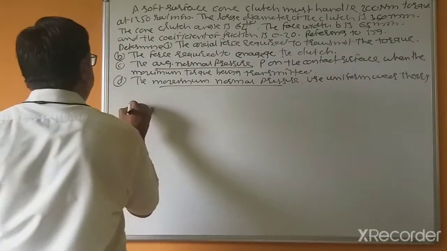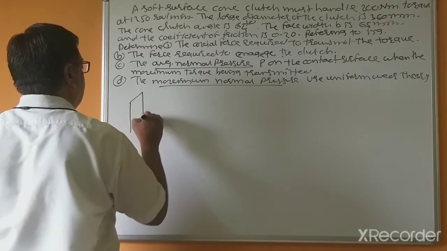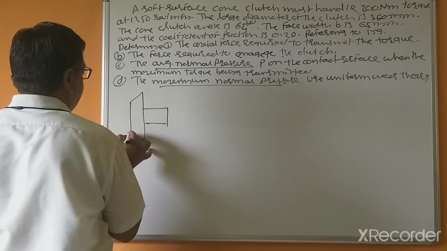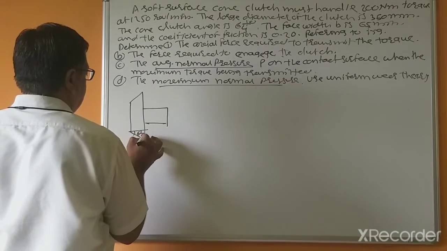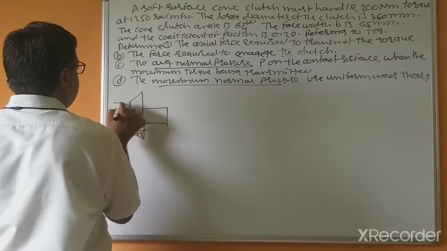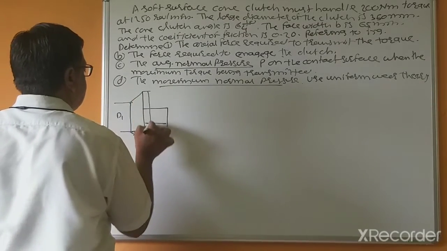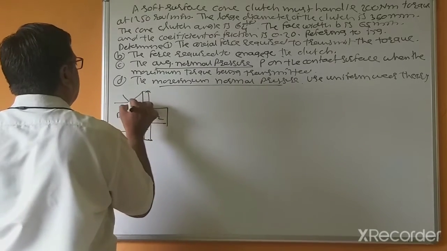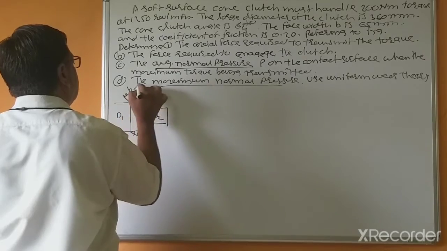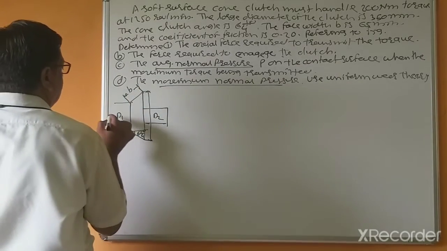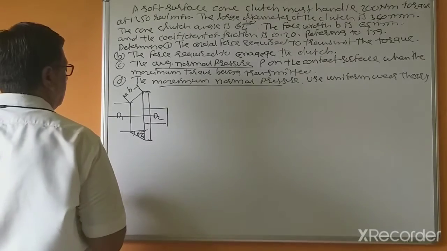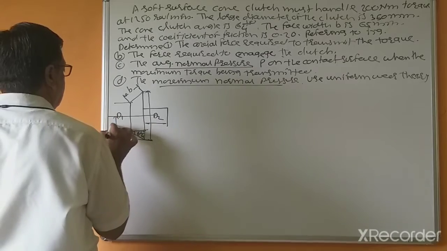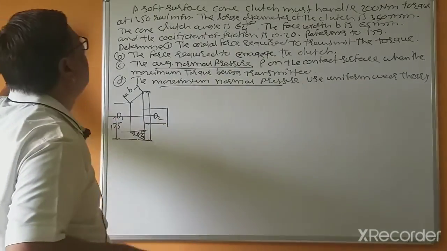Here this inclination is given as 6 and 1/4 degree, and this is D1, and this is D2, this is B, the face width.